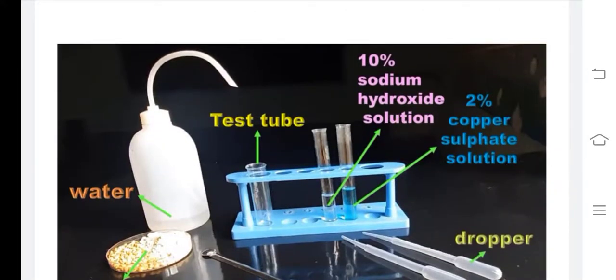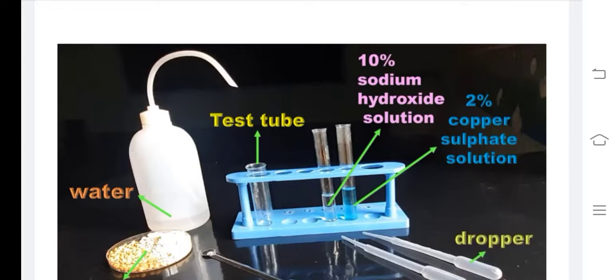First thing is you have to focus on food materials, that food containing proteins. What about this? Water. These are test tube stand, dropper. These two are chemicals, children. Remember, one is sodium hydroxide solution. If anybody asks what is the formula of sodium hydroxide, you have to say NaOH. What about copper sulfate? CuSO4.